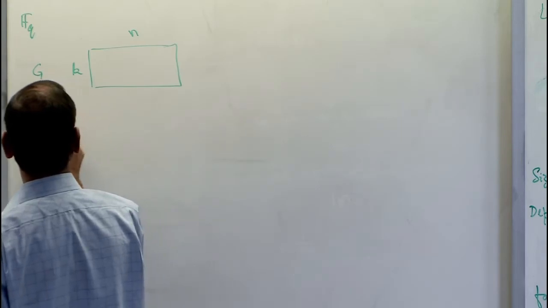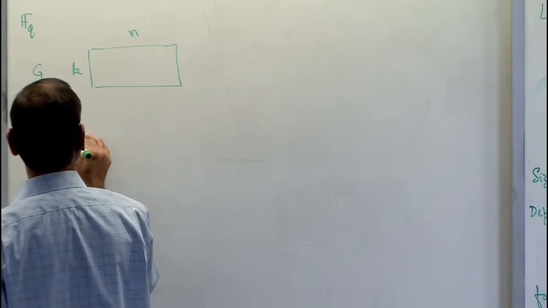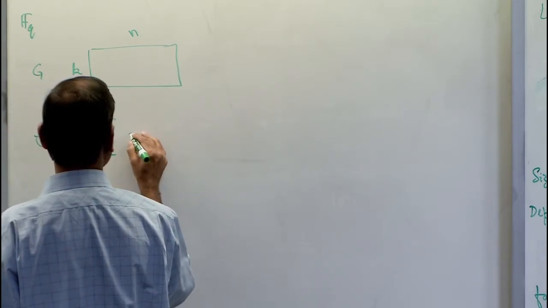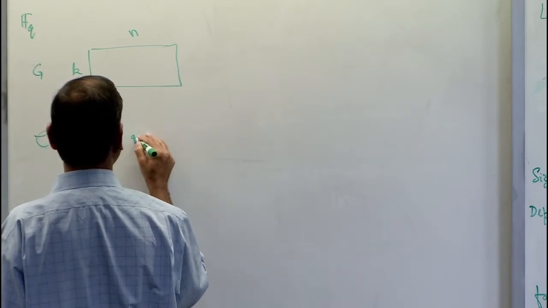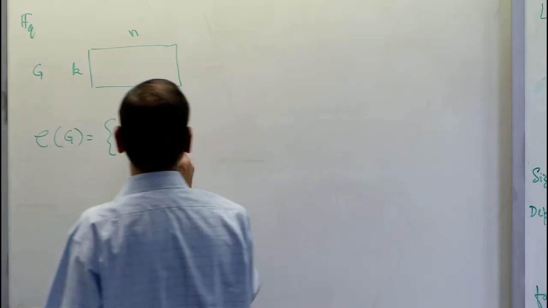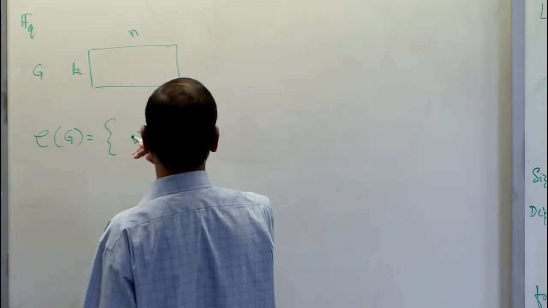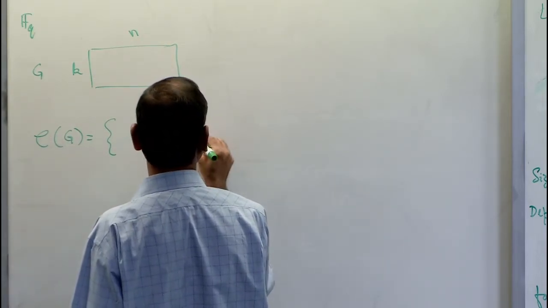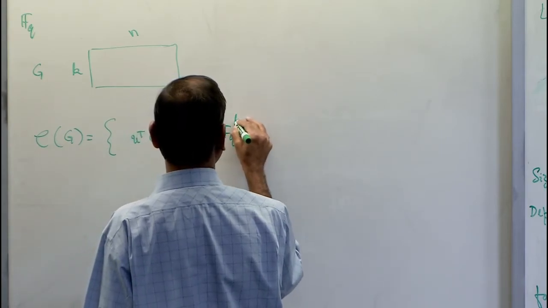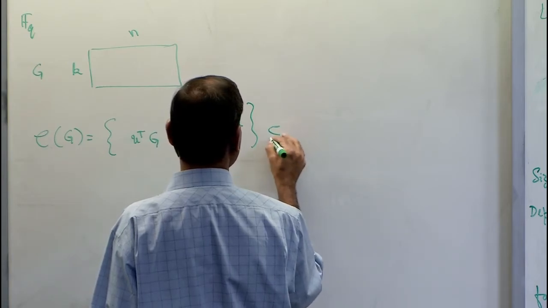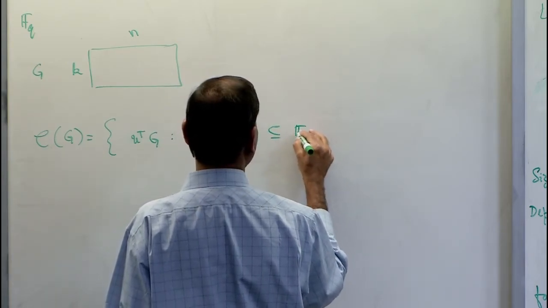So the code given by G is u transpose G, the row space of this. This is clearly a subspace.